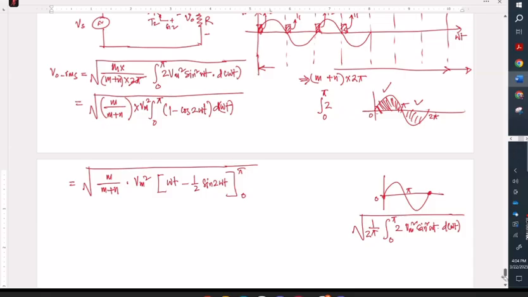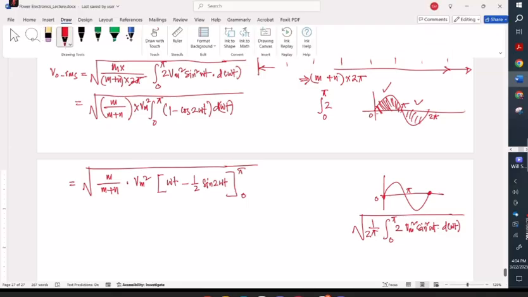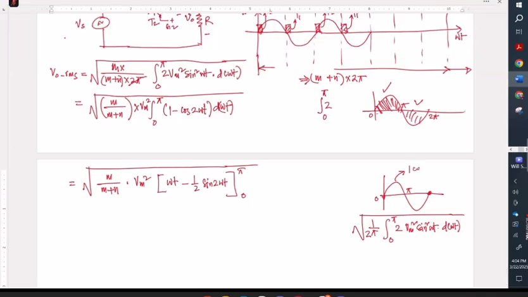If this is one cycle, how many cycles of this do we have? 2 multiplied by 1, right? If this is one cycle, why are we multiplying it by 2? Because we have 2 cycles within one cycle, right? Yes, sir.